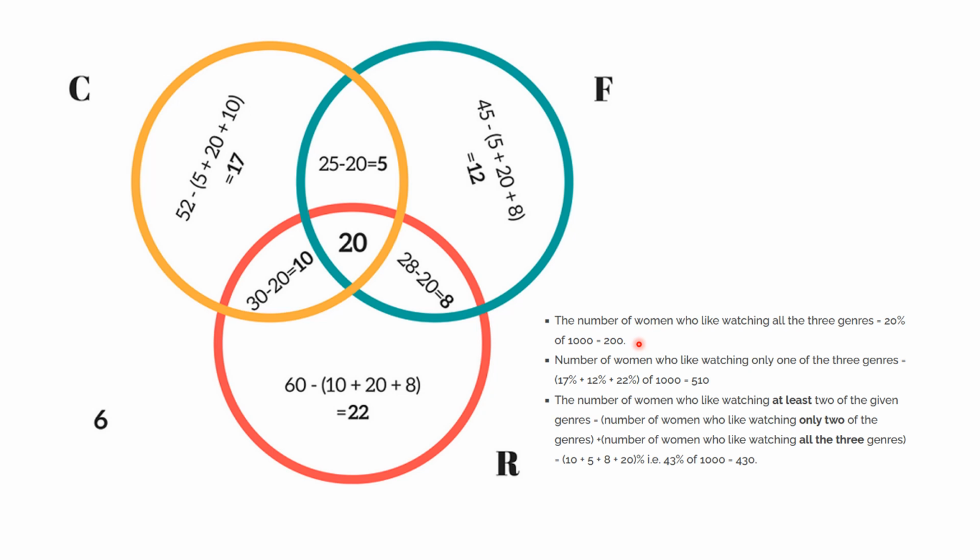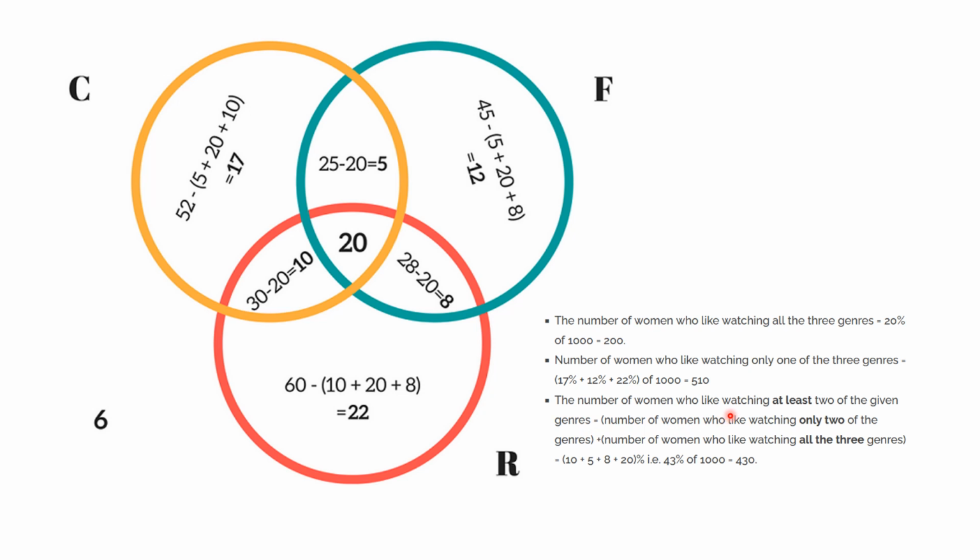The number of women who liked watching only one of the three genres was, so only one, you're taking this number and this number, add those together, and you get 51%, and so that is 510.